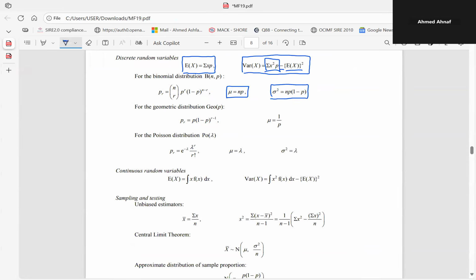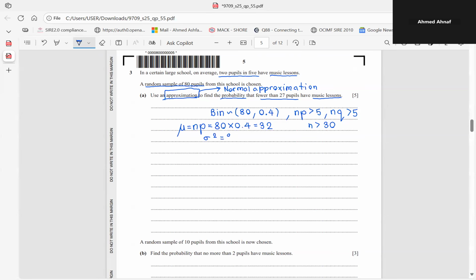It's n times p times 1 minus p. So that's 80 times 0.4 times 0.6, which gives you 19.2. So now this has the normal distribution where mu is 32 and the variance is 19.2.